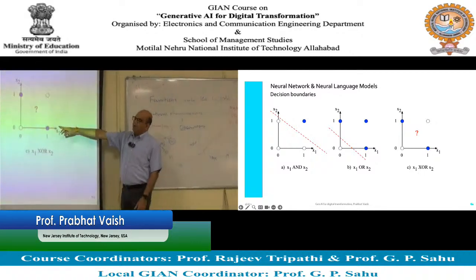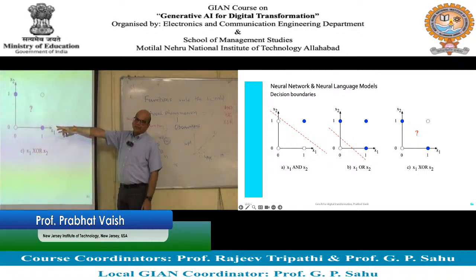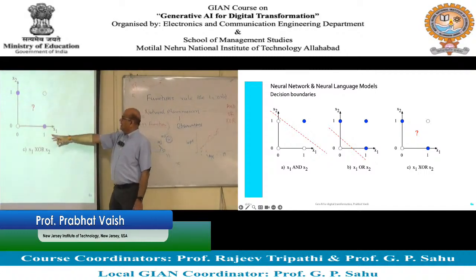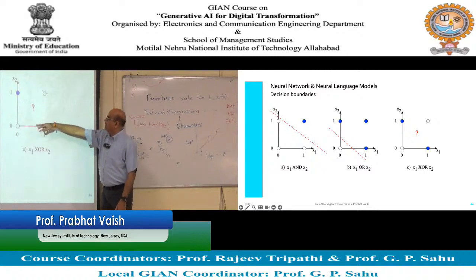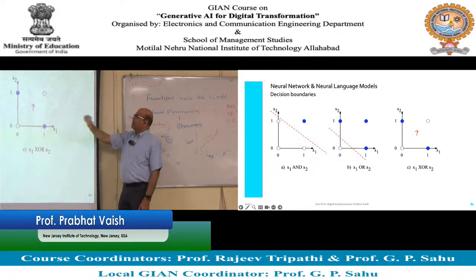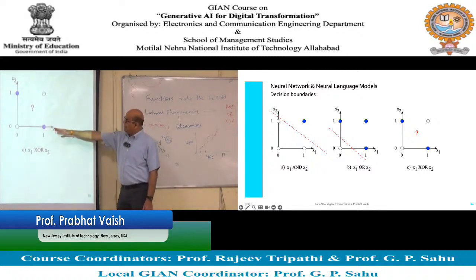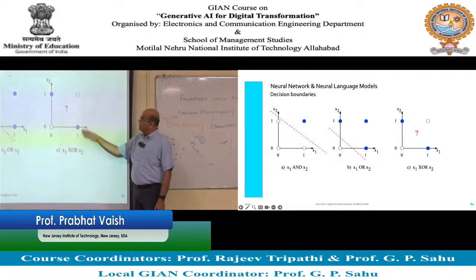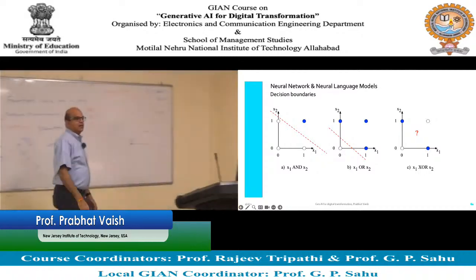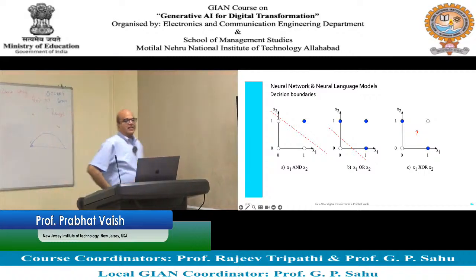Exclusive OR is a problem. Exclusive OR is saying that the output is 1 when exactly one of them is 1. There's no linear classifier that can actually implement this function. So what are we saying here?